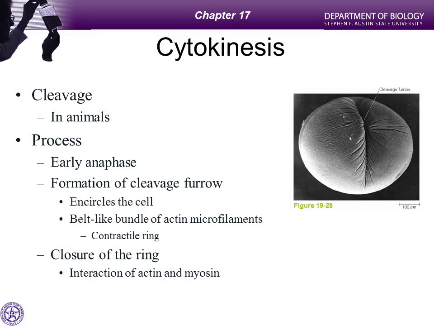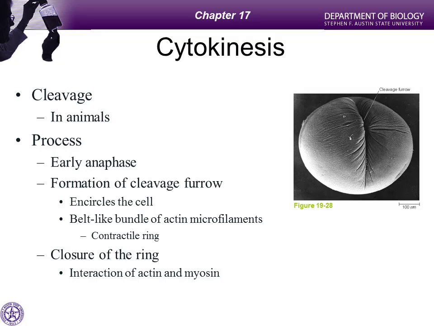Well, I want you to envision what's happening to our daughter cells. They've got a belt of actin around them. And as that cell gets into late anaphase and moving into telophase, that belt of actin begins to squeeze. And it begins to squeeze. And that belt of actin gets smaller and smaller and smaller until, guess what?